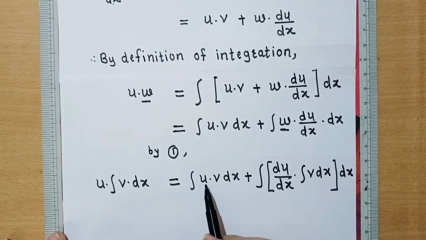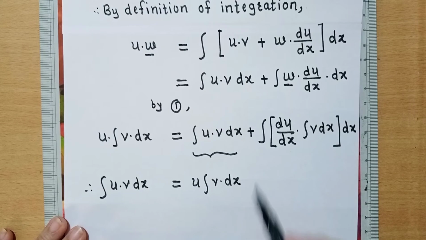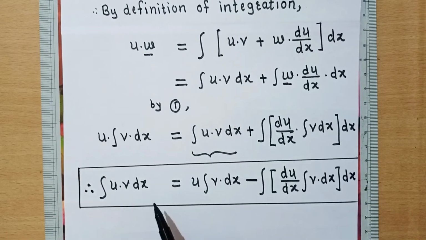Now we want only the integral of u dot v, so we move this term to the other side, where it becomes minus. So the integral of u dot v dx equals this term minus this term, and thus we have proved the integration by parts rule.